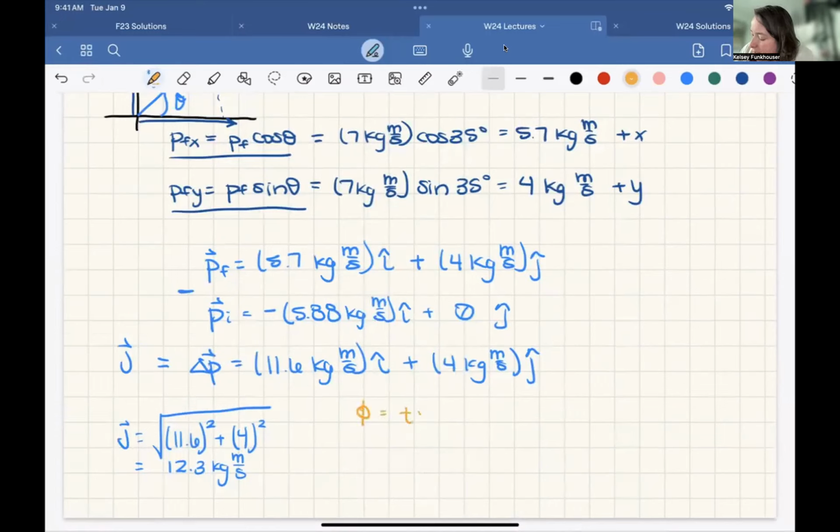Phi equals tangent inverse of opposite, so the y, which is 4 kilogram meters per second, divided by the adjacent, which is the x, so 11.6 kilogram meters per second. And this gives us an angle of 19 degrees. So the impulse is 12.3 kilogram meters per second at 19 degrees from the positive x axis.